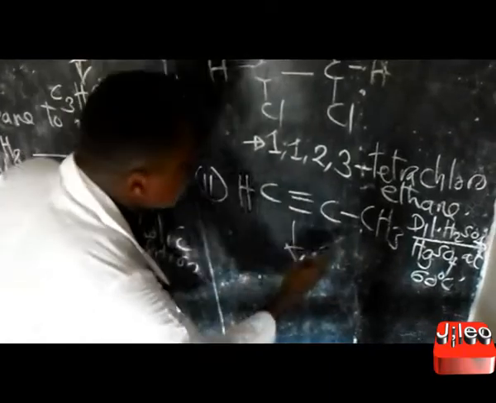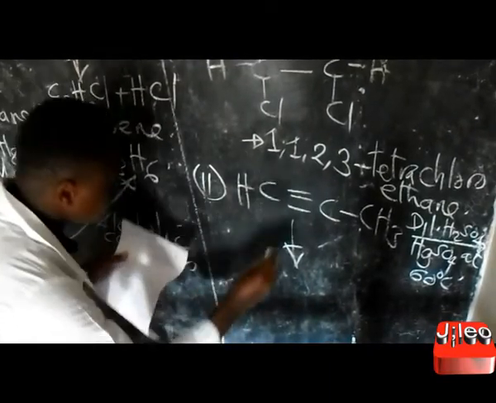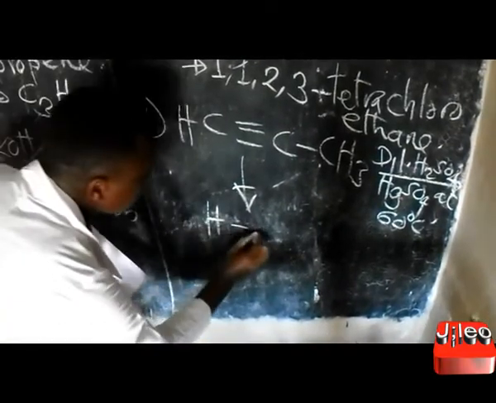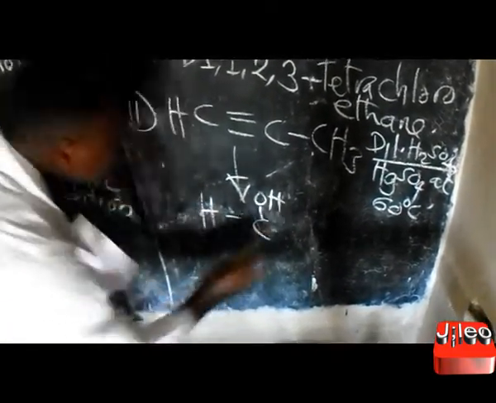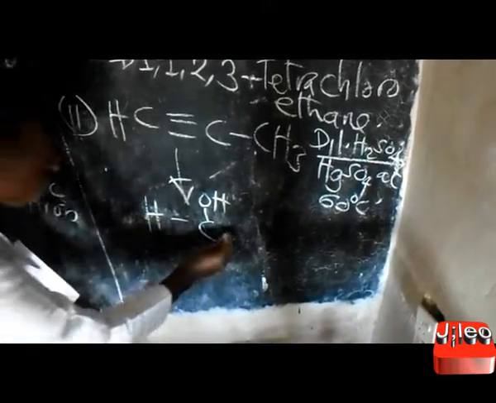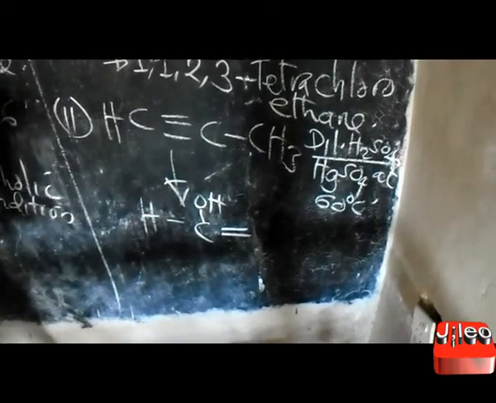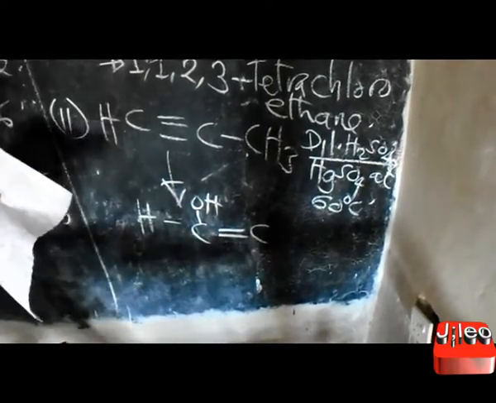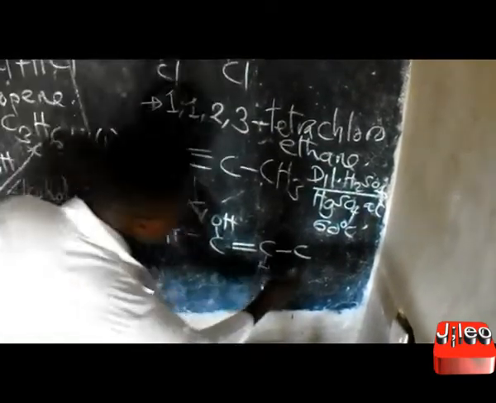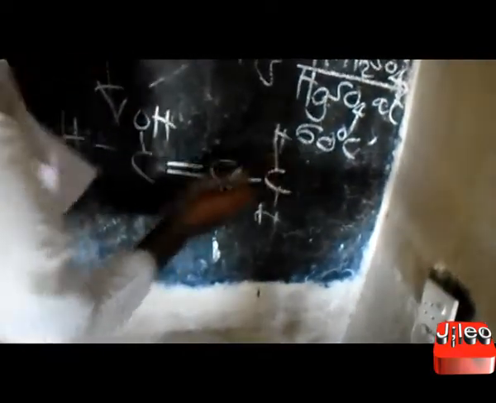Let us work upon this issue. So now we shall have hydrogen, then carbon, then OH, which is an enol, alcohol mixed with alkene, then carbon, then hydrogen. After that, carbon again, then hydrogen.